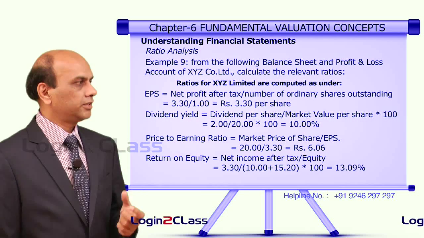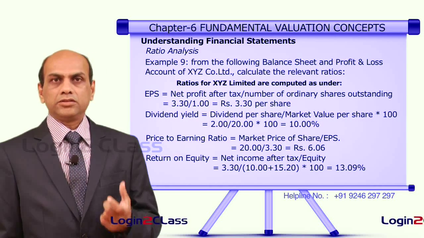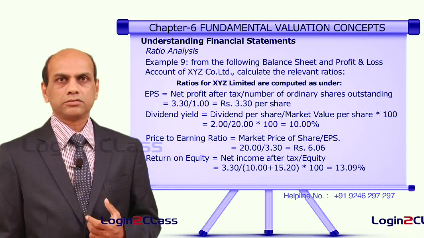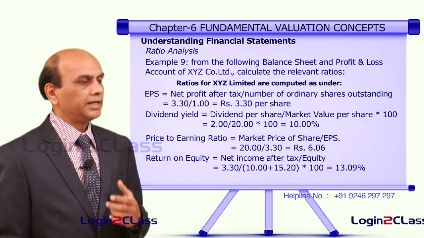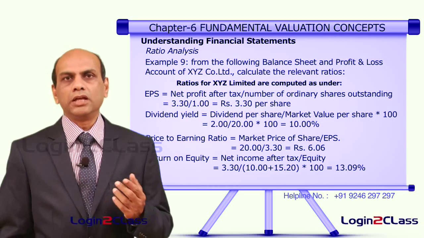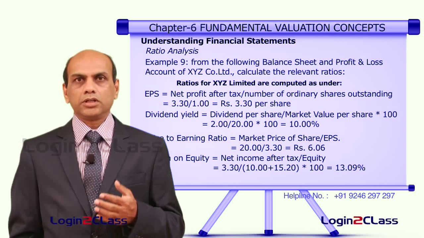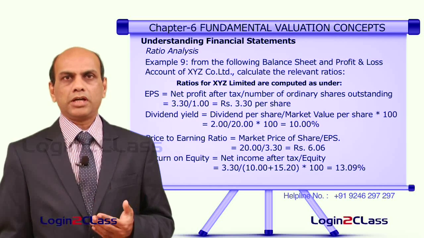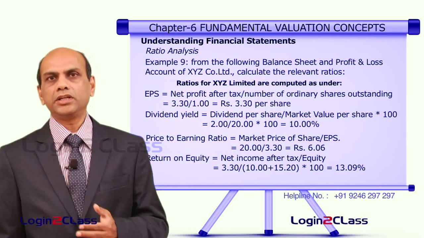So net profit is 3.3. So what is the return on equity? The return has been 3.3 and the equity capital has been 25.2 into 100, which gives 13.09%. That means the company is able to show a net return of 13.09% on the equity investment.